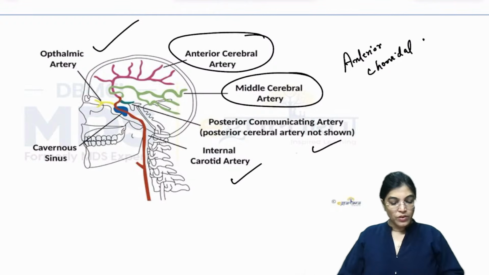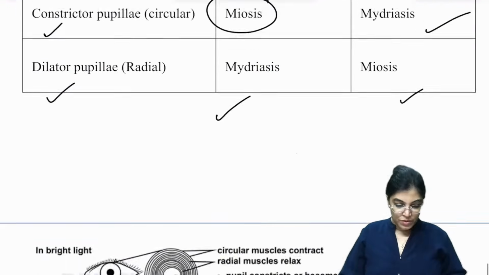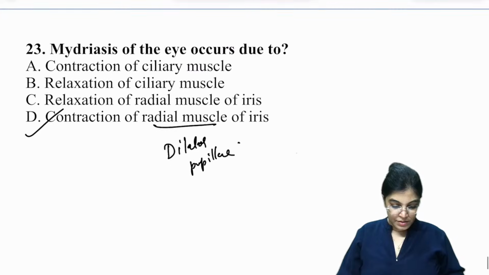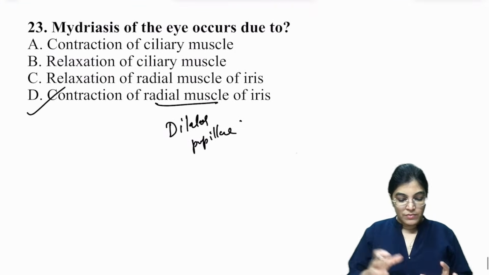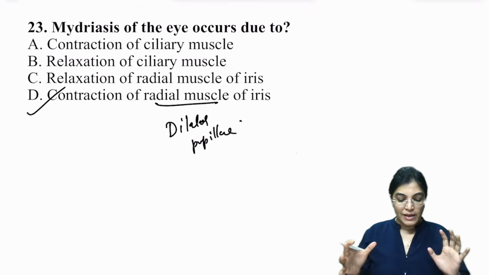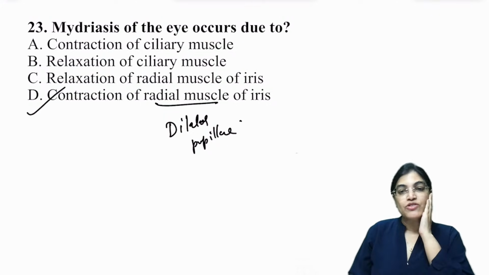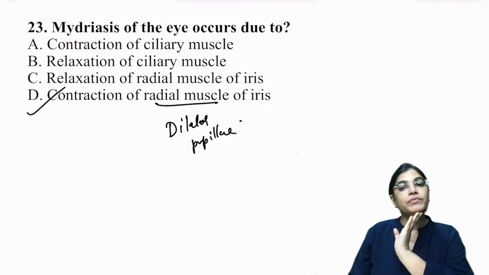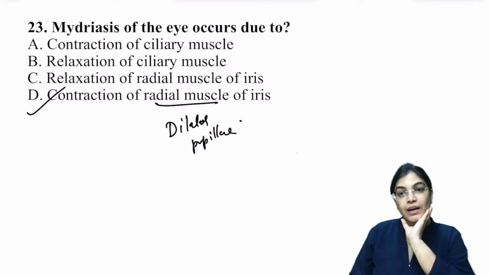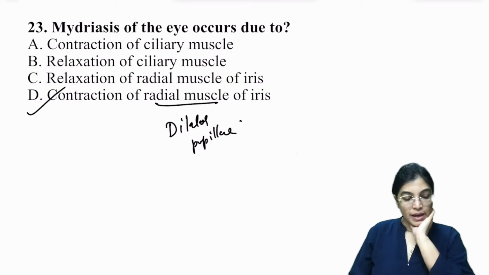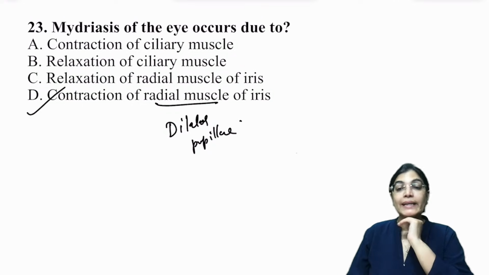Yes, dear, why not B? No, ciliary muscle. If there is an option, basically it is related to the pupillary muscles. Okay, Ankit, pupillary muscles: constrictor pupillae and dilator pupillae.